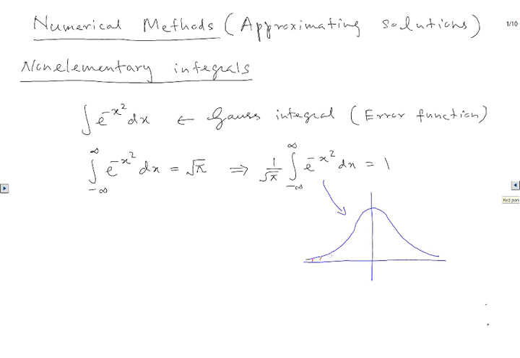That is the reason why this is used in statistics or probability, because the total area from negative infinity to positive infinity is 1. So this is what we normally call the normal distribution.